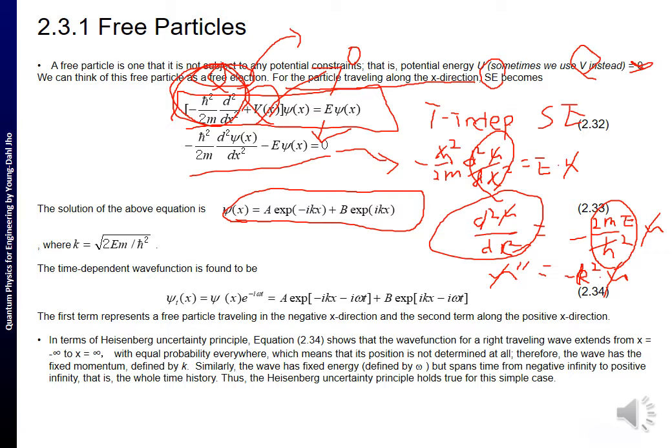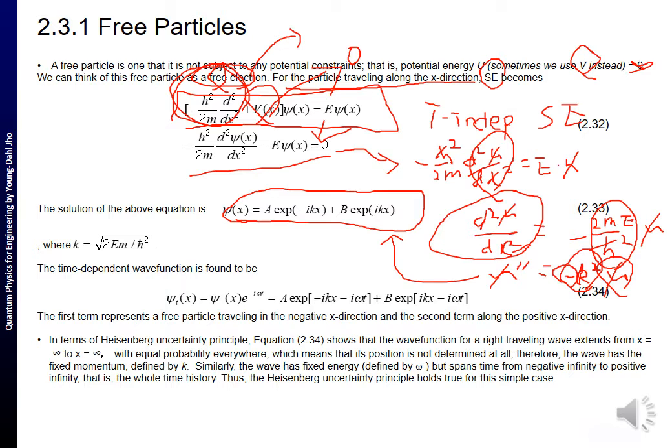When we solve this second order differential equation, the idea is you take the second derivative and you get the original function multiplied by something else.